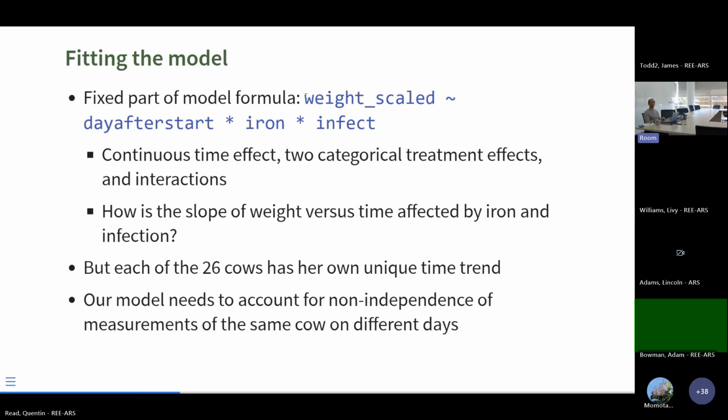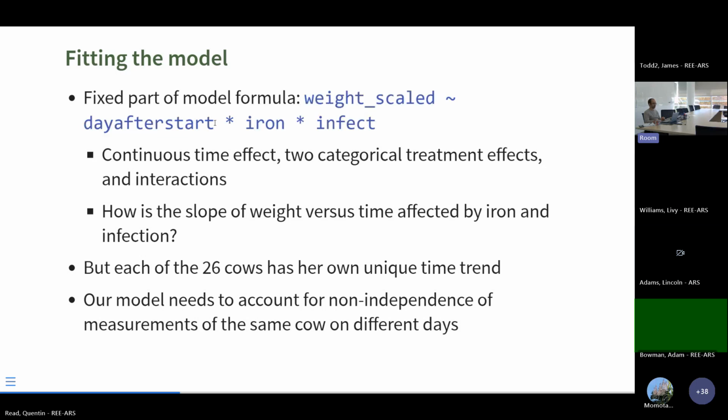So now we're going to fit a statistical model. We want to know if the weight gain over time is affected by the combination of the treatments. So we're going to use this scaled weight variable as our response. And not only are our 2 treatments going to be in the fixed effects, but also time.